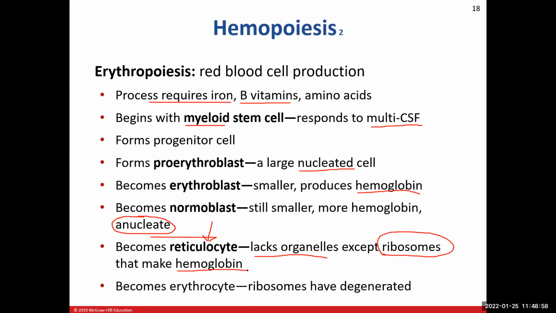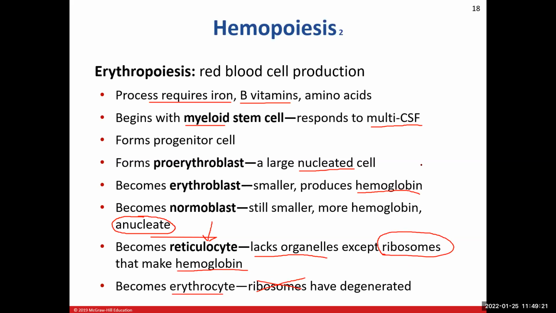We need lots of hemoglobin, tons and tons. There are millions of hemoglobin molecules in a red blood cell. And then from there, our reticulocyte matures and becomes a full-on erythrocyte, and then no more ribosomes because we have all the hemoglobin that we need.